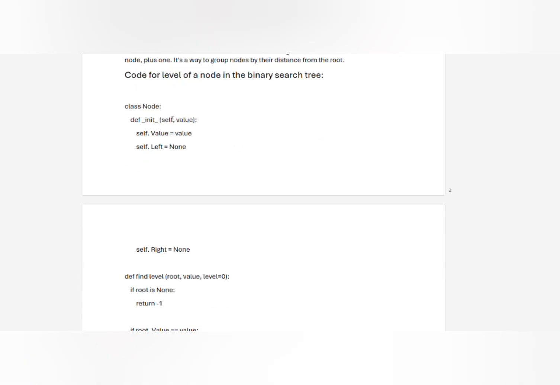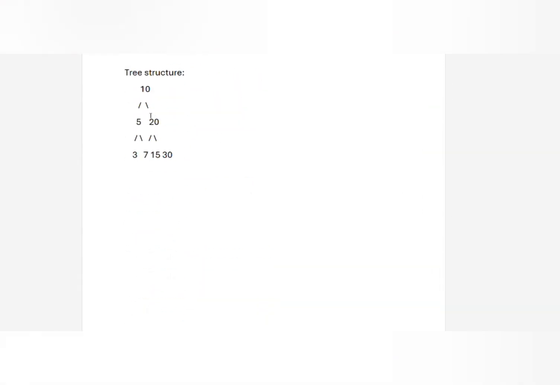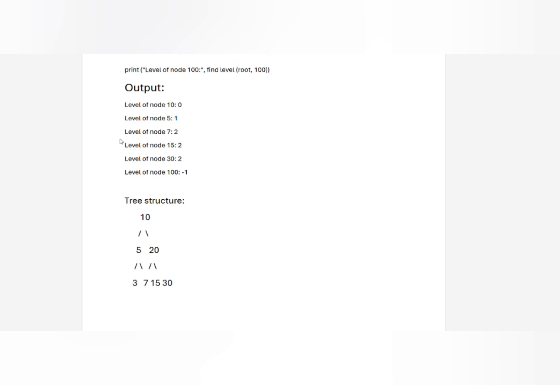Let's see the meaning of this with an example tree. This will be the root node. It doesn't have any parents, so the level of the root node will always be 0. And these are the leaf nodes: 3, 7, 15, 30. This will be one level, and this will be the other level. The level of this tree is 2.